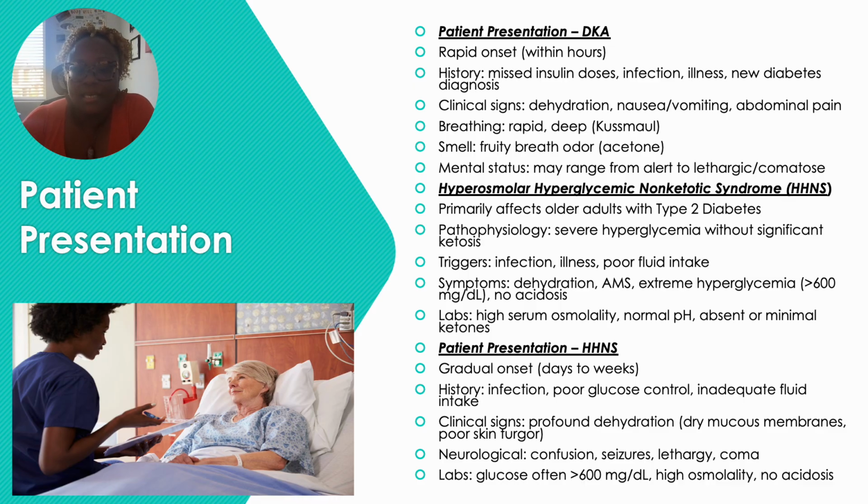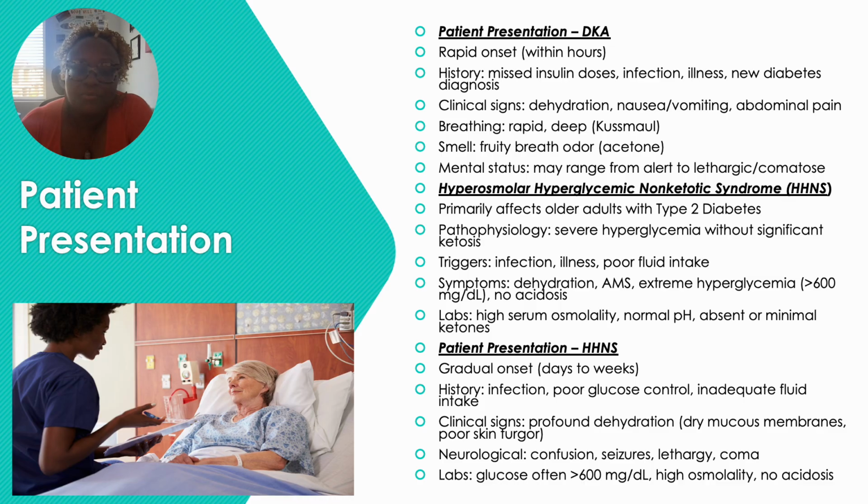With the HHNS, it's going to be gradual onset, days to weeks. When we're collecting our data, we might be informed by the patient that they've had an infection recently, poor glucose control, inadequate fluid intake might be some of the key data that we get from them. Clinical signs: profound dehydration.